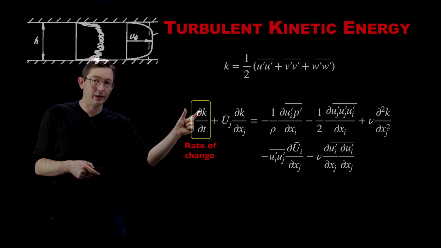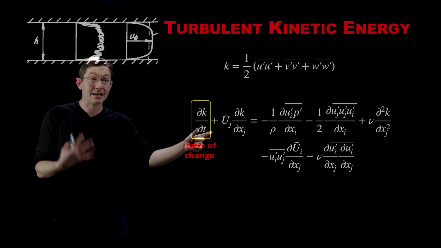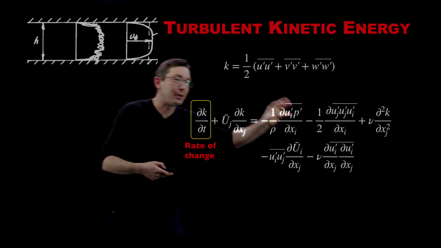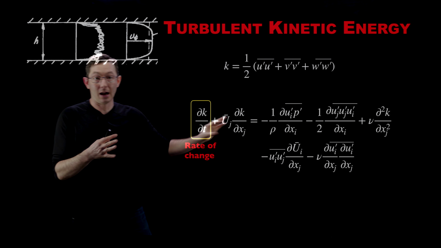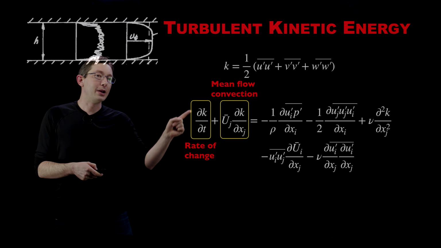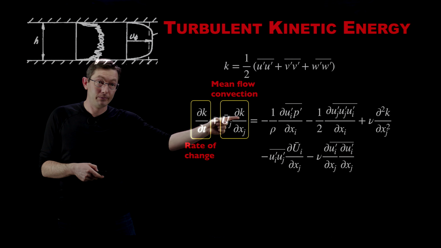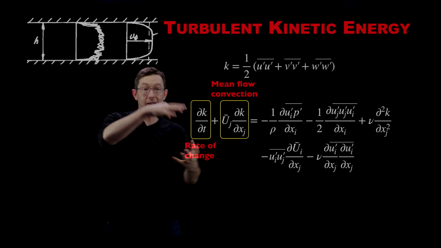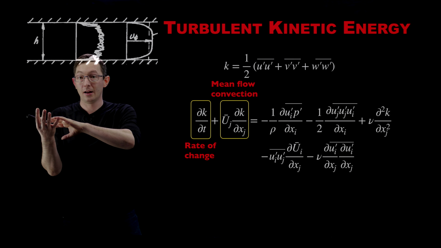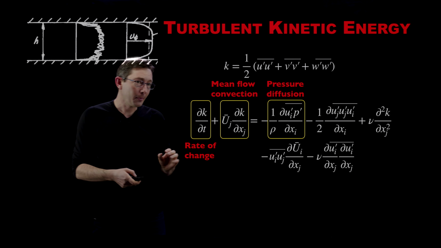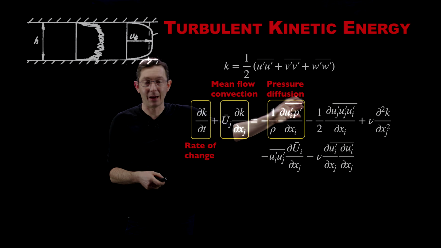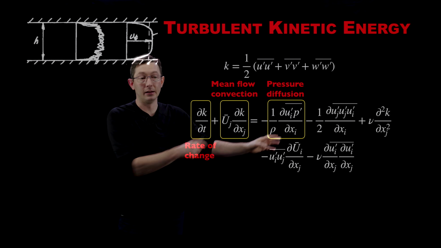Okay, so this is the rate of change of my turbulent kinetic energy in time, and it's driven by these terms on the right. So we have convection by the mean flow. Essentially, K is being convected by these large mean flow currents. I have pressure diffusion. I'm not going to talk about what all of these terms mean.